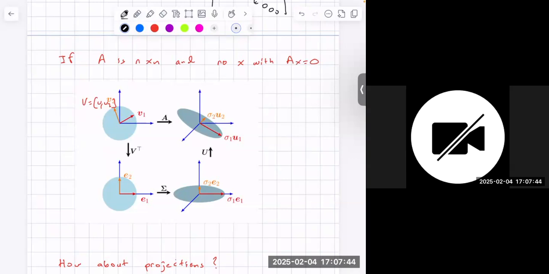For this example, nothing is changed dimension-wise. This is a 2 by 2 matrix. It's got two singular values, so it's invertible. Dimensions staying the same. This is still supposed to be two-dimensional. Very good question.